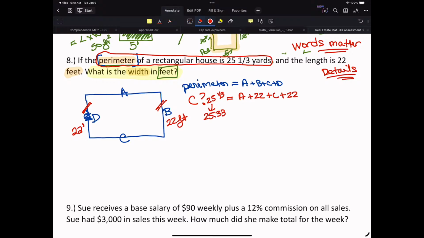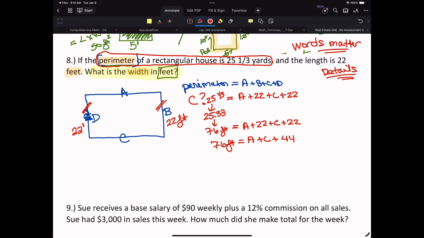Remember we did this: 25.3333 times 3. I'm going to round this to 76 feet. We know if we add A, B, C, and D, we're going to get 76 feet. So 76 feet is equal to A plus 22 plus C plus 22, which means 76 feet is equal to A plus C plus 44 feet.